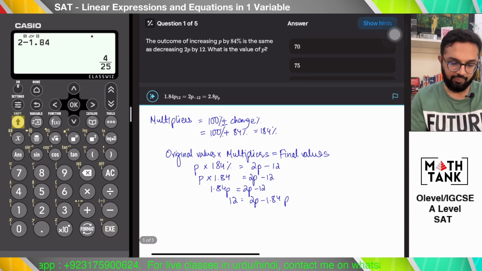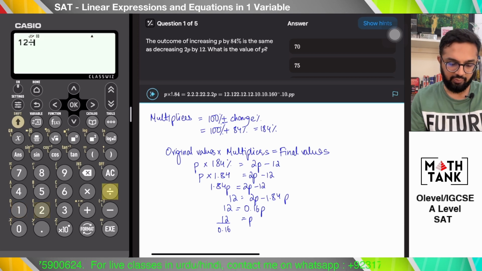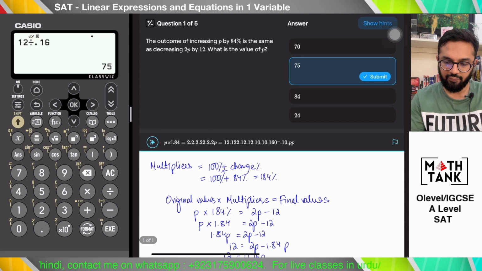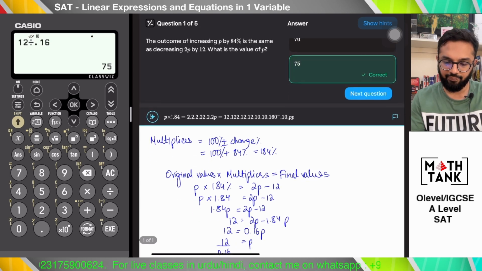It's 0.16p, and then p is basically 12 divided by 0.16. That gives me 75, and I'll pick that as my final answer.